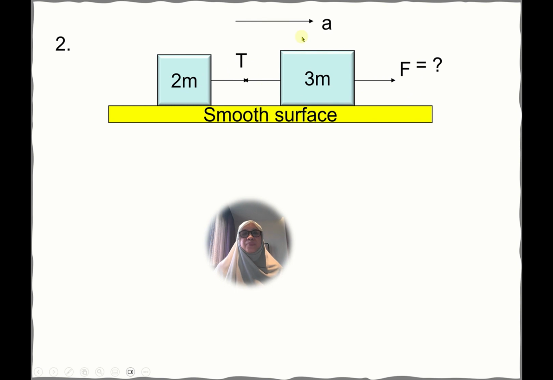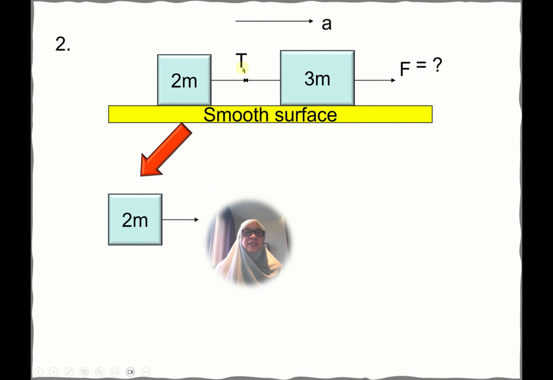The direction will be to the right, because of the pulling force. Now using the free body diagram, for 2m, the force that acts on 2m is T, to the right, because the block moved to the right.